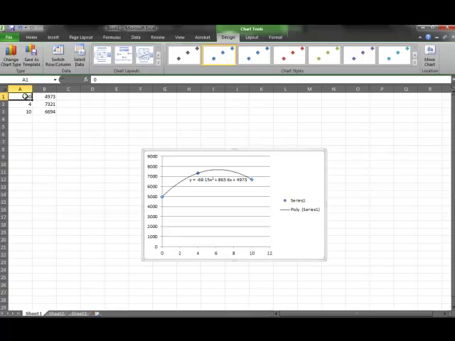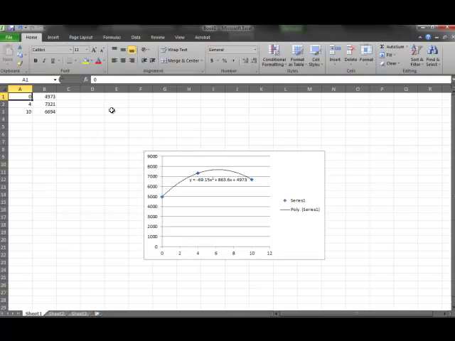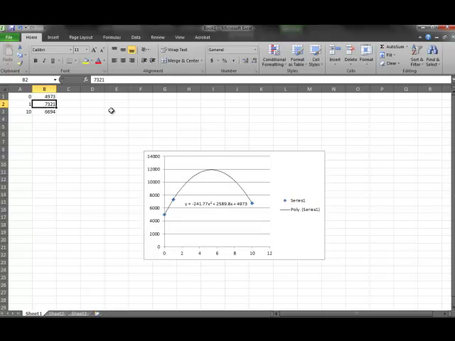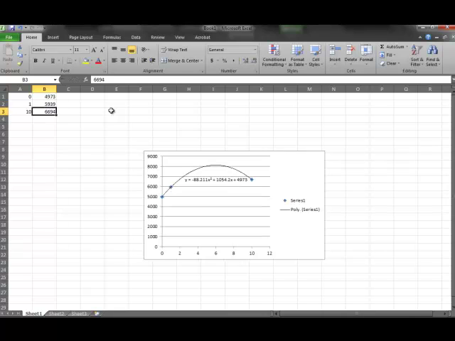I'm going to change my points here to do the ones that I graphed. What was that? 0, 4973. And then 1 was 5939, and 2 was 6737.